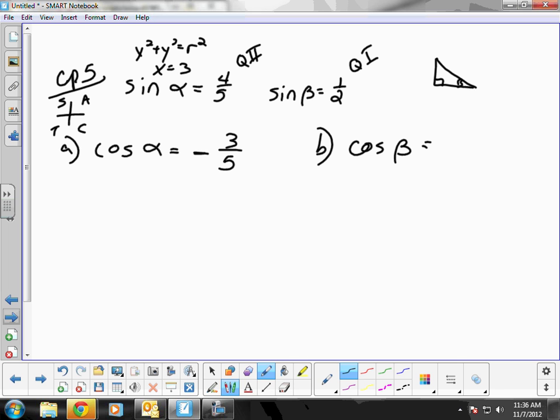If beta is down in this corner, then sine is the opposite over the hypotenuse, right? The other side is the square root of 3. Everybody understand how I got that? Square root of 2 squared minus 1 squared. All right, so cosine of beta is the square root of 3 over 2.